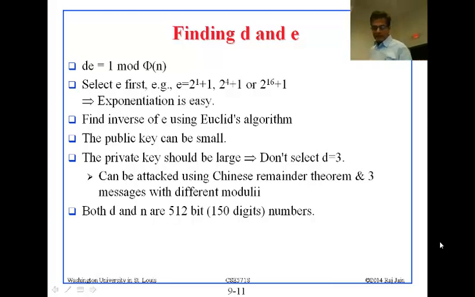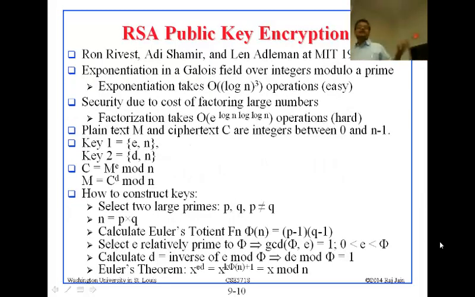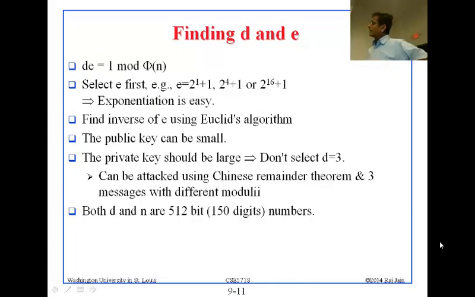Remember, the only property we need is that E should be relatively prime to phi. So generally 3 works out good because 3 is relatively prime to phi, as we'll see in a minute. And then we'll say, okay, let's select 3. So don't select 3 for the private one. And both D and N are 512-bit numbers, which is like 150-digit numbers. These are supposed to be big numbers.